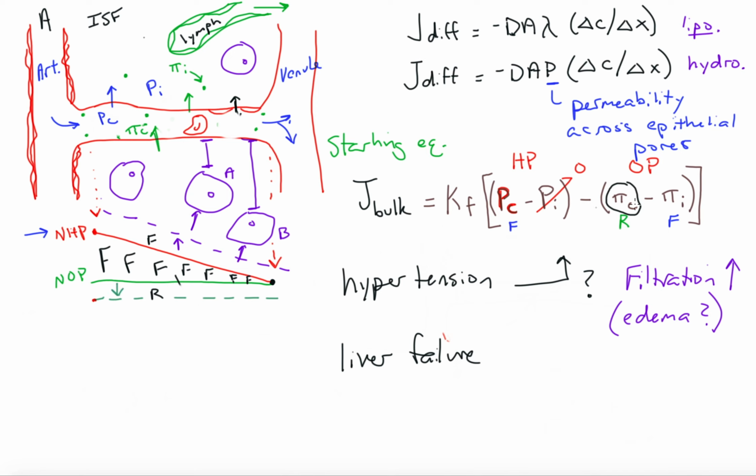Now look at the difference between the red line, the filtrative forces, and the reabsorptive forces. The reabsorptive force fell. Look at the difference now. The difference got bigger again. Hypertension made the difference bigger because the red line went up, became the purple line, whereas in liver failure, the difference between the hydrostatic pressures and oncotic pressure gets bigger because the oncotic pressure falls.